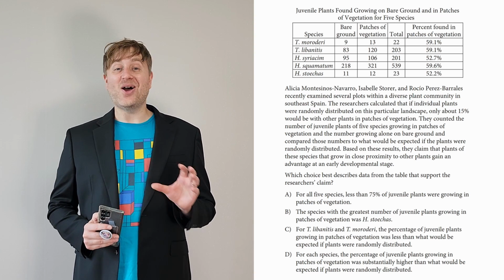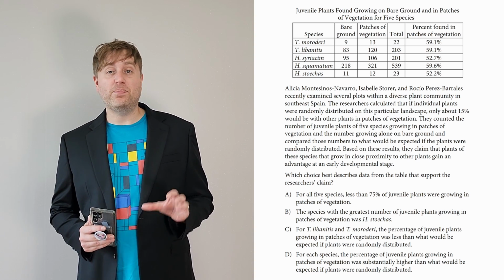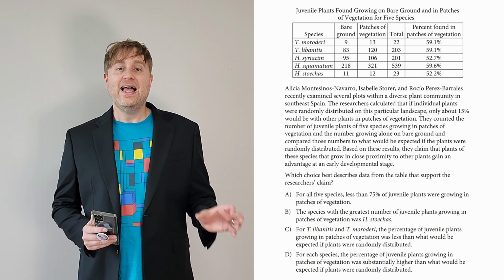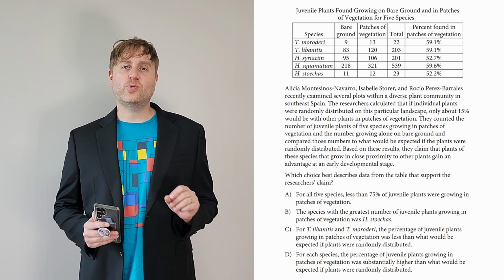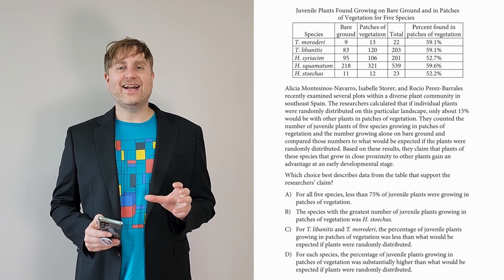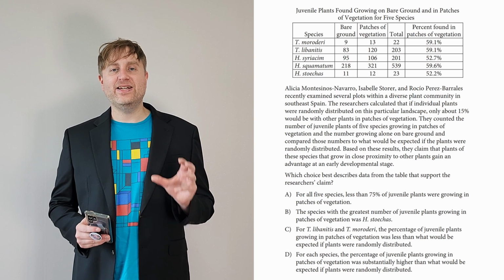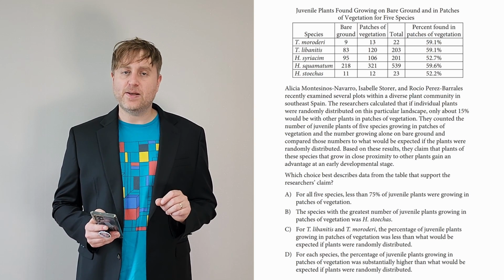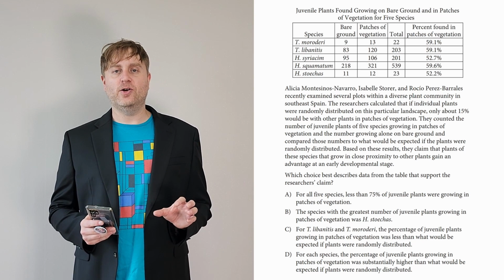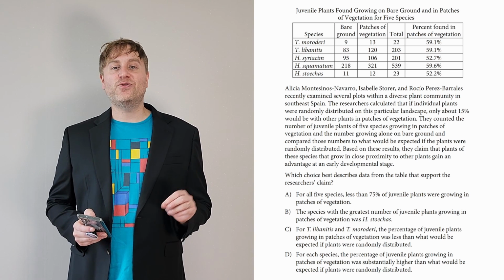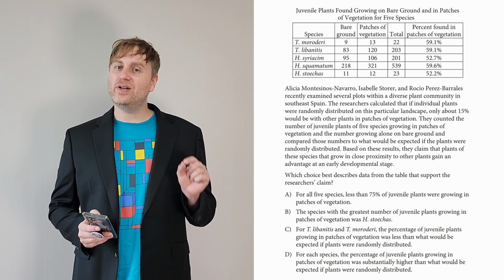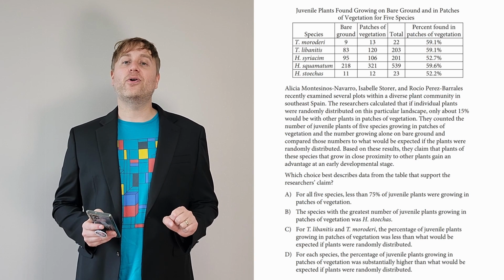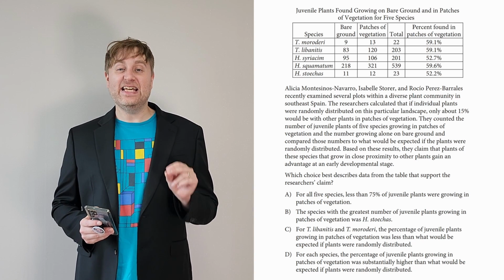So this answer is also making a comparison between the plants that grow near other plants and typical plants, the ones that are randomly distributed. And the fact that a higher percentage of them are growing near other plants than would be expected suggests that they may gain some sort of advantage from doing so. Moreover, it says that this is true for each species, which was an important part of our prediction. Therefore, we can be confident that D is the correct answer.